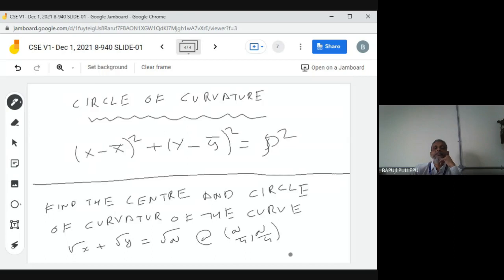Find the center and circle of curvature of the curve root x plus root y is equal to root a, at a by 4, a by 4. Circle of curvature means what? You have to prove (x minus x bar) whole square plus (y minus y bar) whole square is equal to rho square, where r is equal to rho.